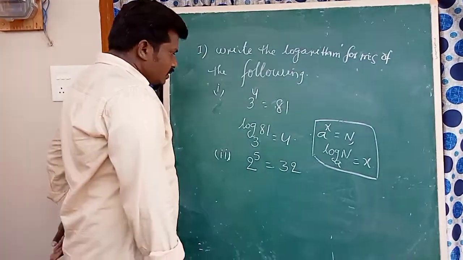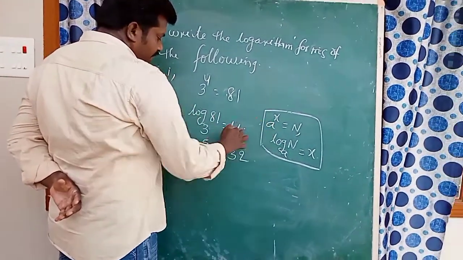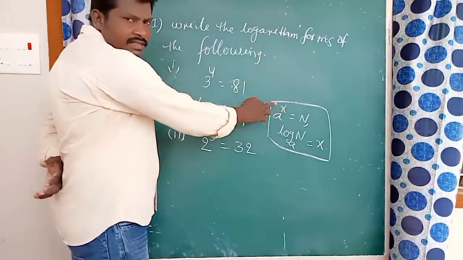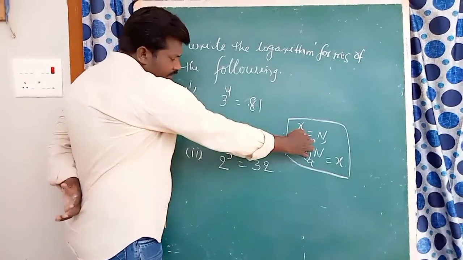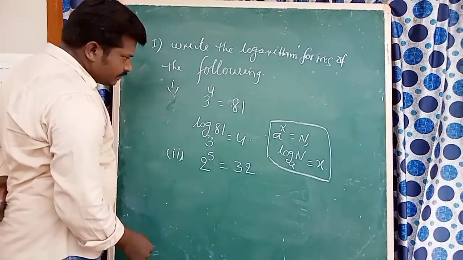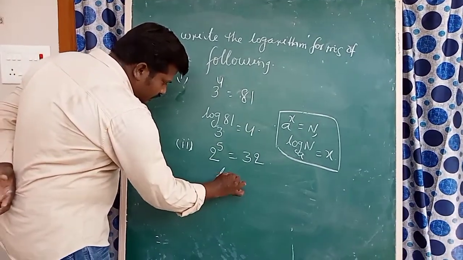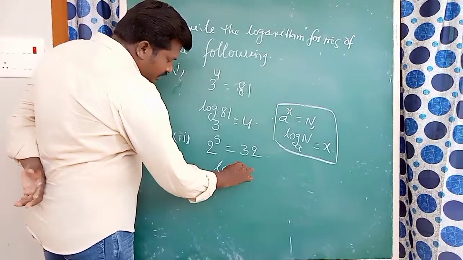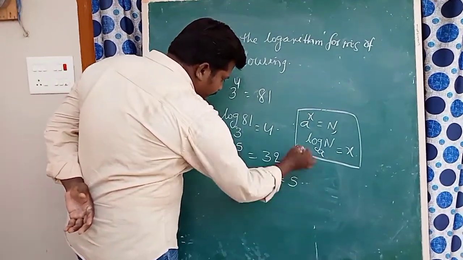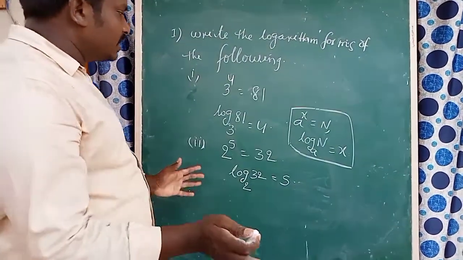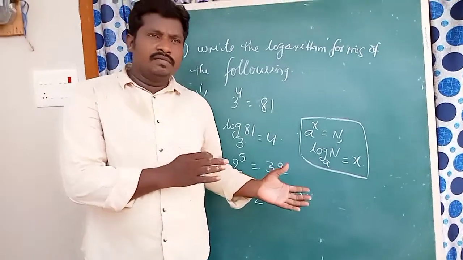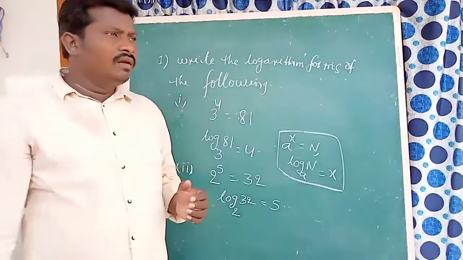Compare: the a value is 2, the x value is 5 and the n value is 32. Apply the logarithmic form: log 32 base 2 is equal to 5. That's all. Like that you can convert logarithmic form into exponential form and exponential form into logarithmic form.